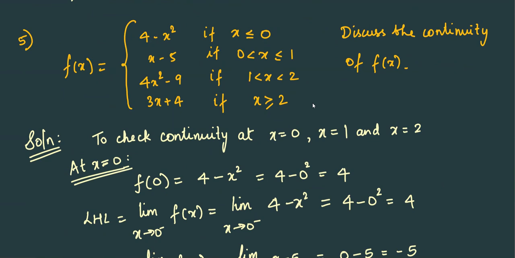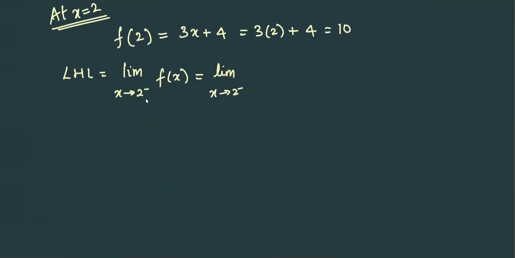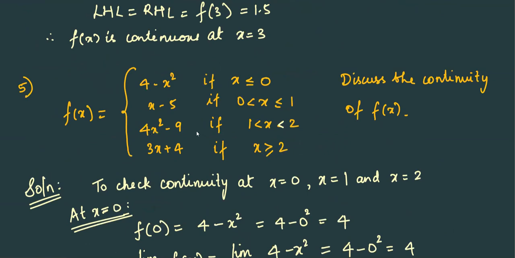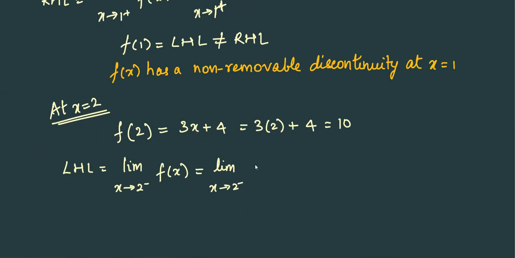No, 4x square minus 9, because x is less than 2. x is tending to 2 minus, that means we are approaching from values lesser than 2. So function will be defined by 4x square minus 9. So we get 4 into 2 square minus 9. So 4 into 4, 16 minus 9 is 7.